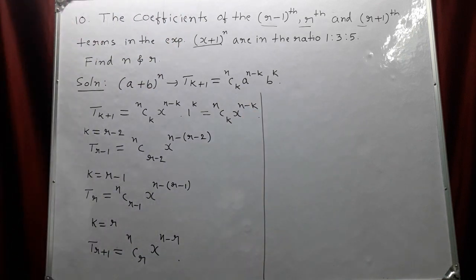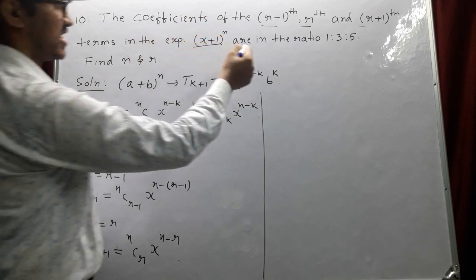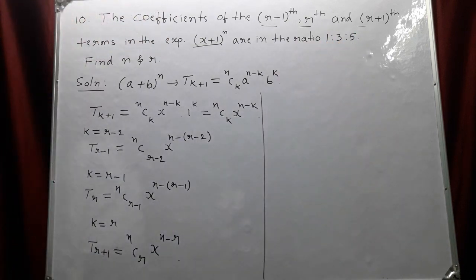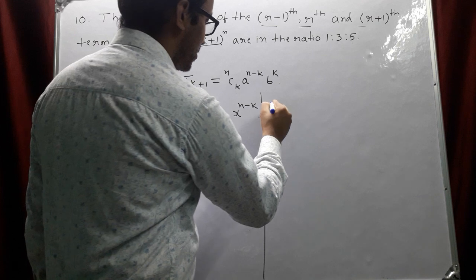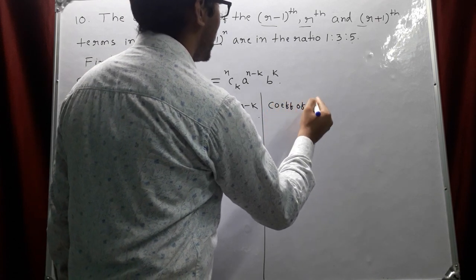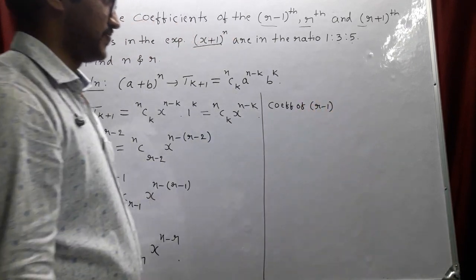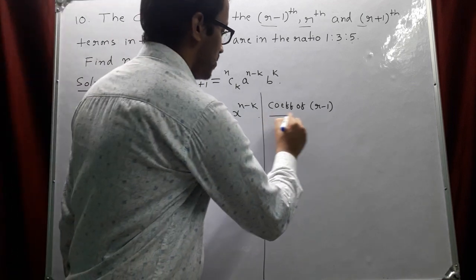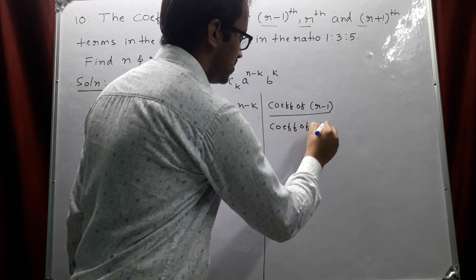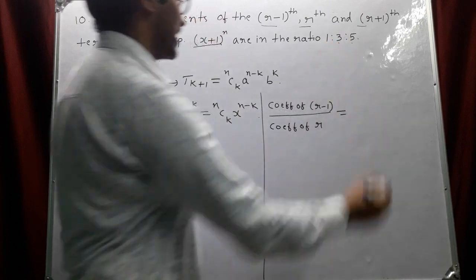Now what have they given? They have given the coefficients are in the ratio 1 is to 3 is to 5. Suppose we consider the coefficient of the (r−1)th term by the coefficient of the rth term. That is in the ratio 1 is to 3.